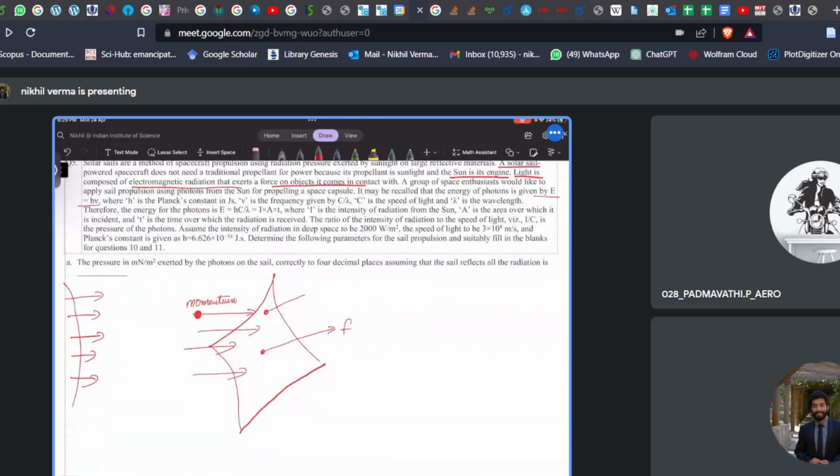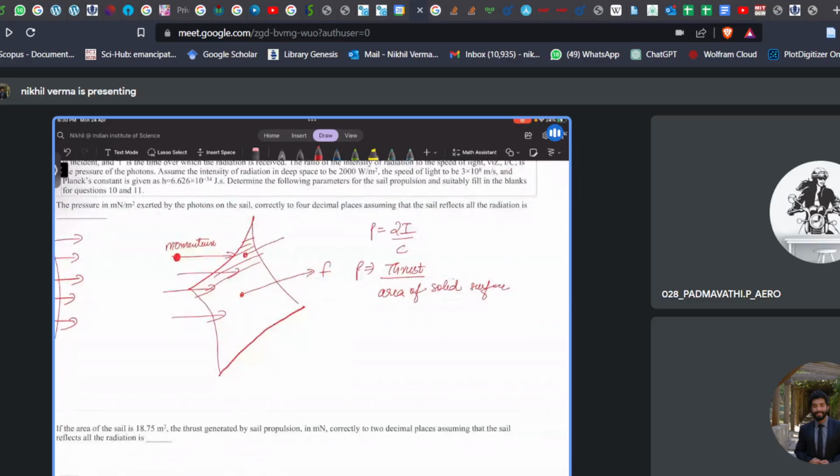Now we have to calculate the pressure on the surface of this solar sail. So the pressure is given by 2 I by c, where P is thrust by area of this solid surface.